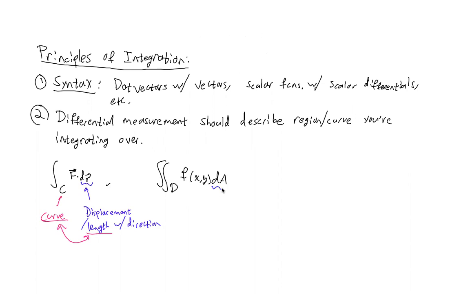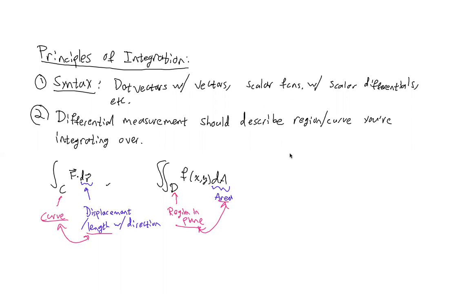Well, dA is area, and D is a region in the plane. And that has area. So whatever the thing is that you're integrating over, it should describe a region or curve.